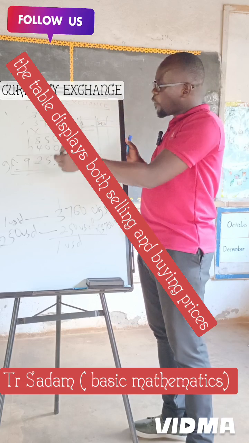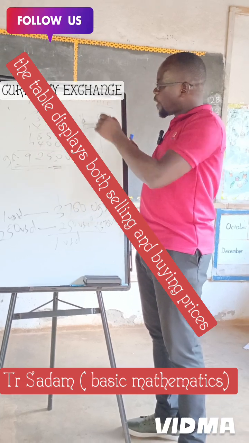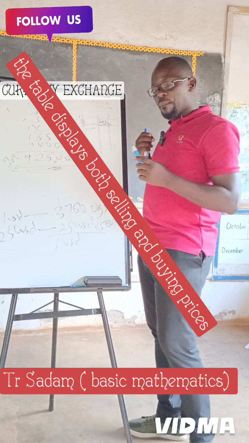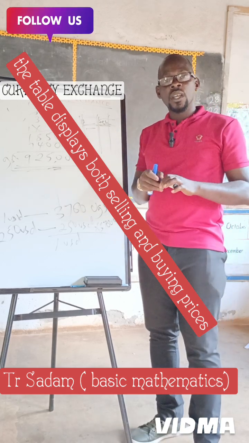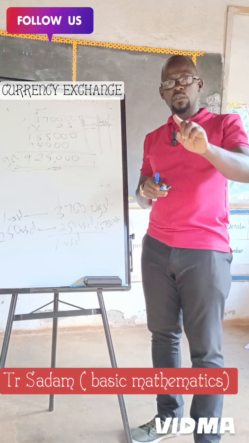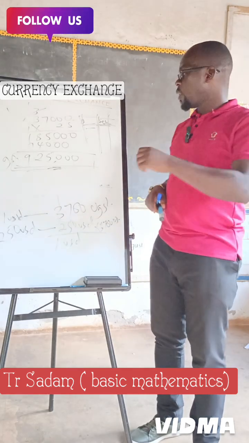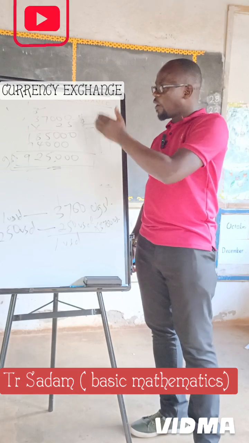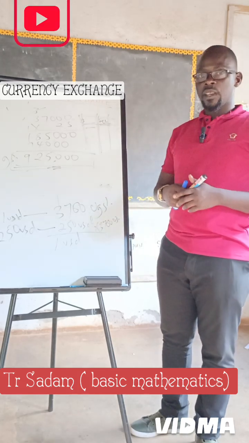But now, since we have home currency, the Ugandan currency, we are going to use the selling price. Why? The bank this time is going to sell to you that foreign currency. The other time it bought it from you, now it's going to sell to you. And remember, you need to note that the selling prices are always higher than the buying prices.